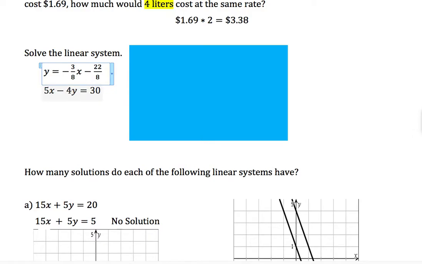Now for here, it would be easier to move the 4y over and subtract 30 from both sides. So we're going to go ahead and do that really quickly. So it looks like this. Then to get rid of the 4, we're going to divide everything by 4.